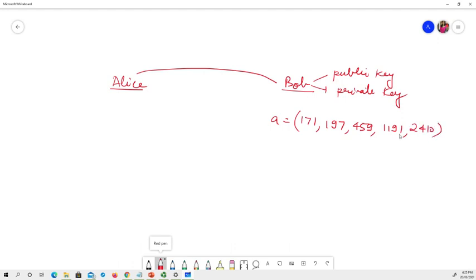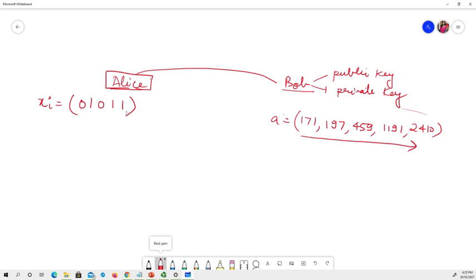According to the algorithm that I was saying, you have to have some value that you have to create, and let's suppose Alice wants to send a message. Let's suppose this xi value is 01011. Since this is in the form of a super increasing sequence, 171 is less than 197 and so on, Bob will make this sequence of numbers available to Alice.